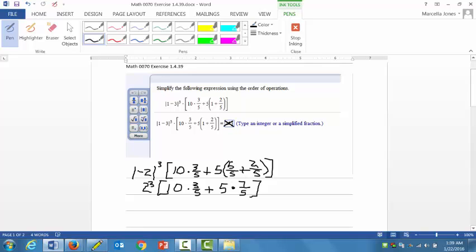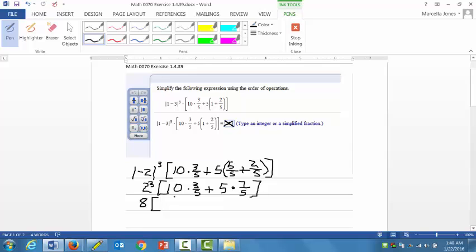The operations are completed, the grouping is no longer needed here. Just like here, when I apply absolute value to negative 2, which the absolute value of negative 2 is 2, notice I no longer need a grouping there. All right, 2 cubed is 8. I've done grouping, now I'm applying the exponents, and I want to complete the operations of this grouping.